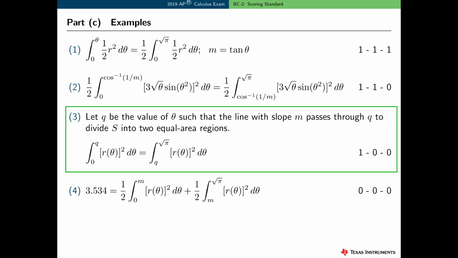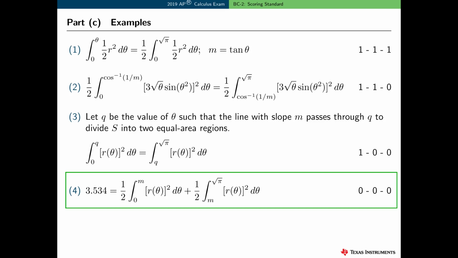So this earns 1, 0, 0. In example 4, if m represented an angle, this equation has infinitely many solutions. So the student has not equated polar areas, there is no use of an inverse trig function, so they're not eligible for the third point. This earns 0, 0, 0.